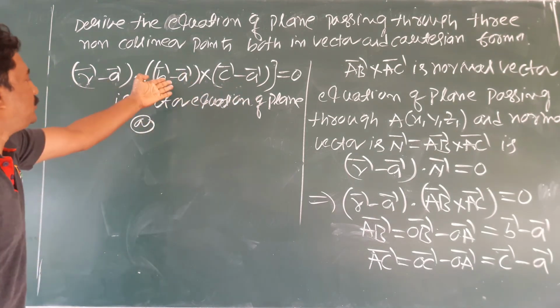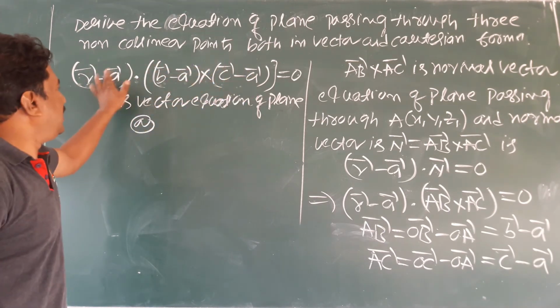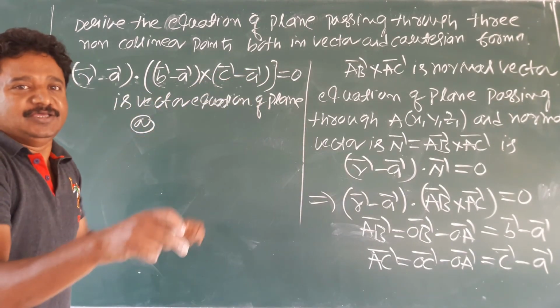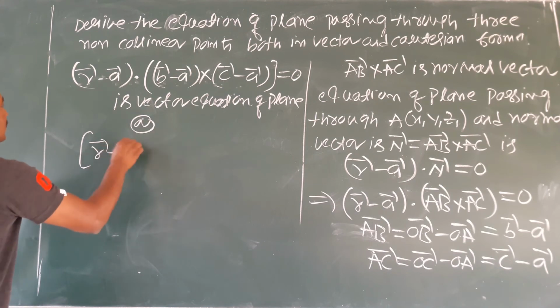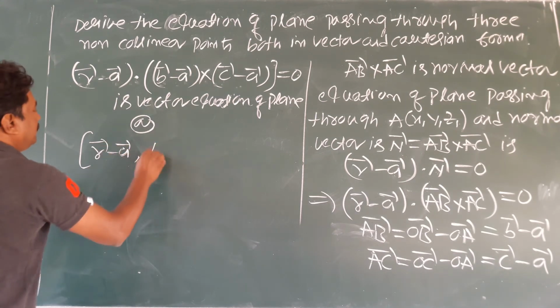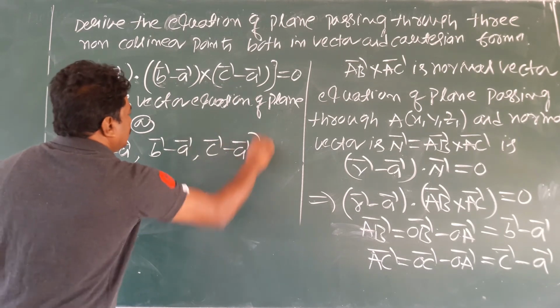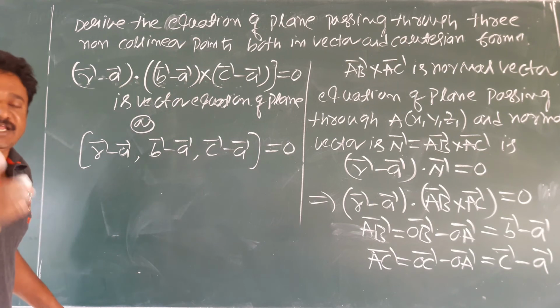It is a box product, A dot B cross C. So this can be put in a box. You can form a box: [R minus A, B minus A, C minus A] equals 0. Both these two represent the vector equation of plane.